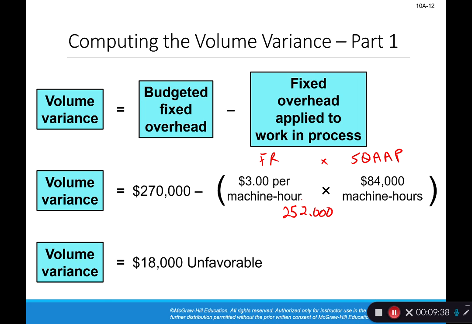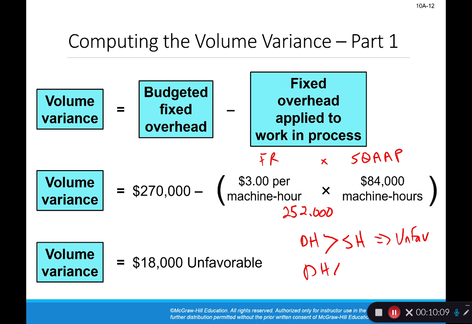Whenever budget is greater than applied, it means we plan to make more than we actually did, which is a bad thing. If we budget less than we apply, then it means we made more than we planned, which is a good thing. So basically, you could figure out your F's and U's if you compare your denominator hours to your standard hours. When your denominator hours are greater than your standard hours, which is the case here, we're going to have an unfavorable variance because I plan to make more than I actually did.